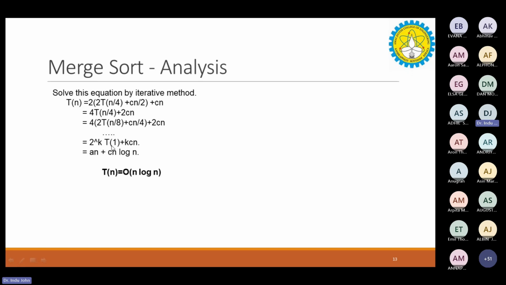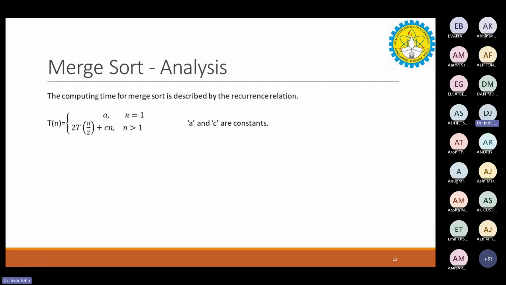Now you need to find the value of k. For that, you can put n by 2 raised to k equal to 1, and you will get k equal to log n to the base 2. T of 1 is actually given in the recurrence relation itself.